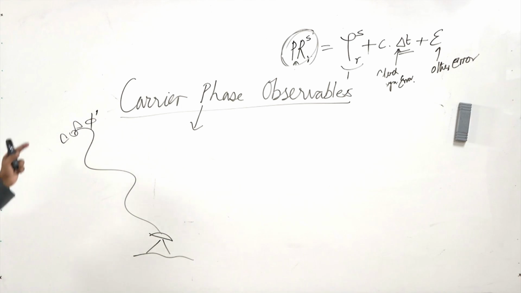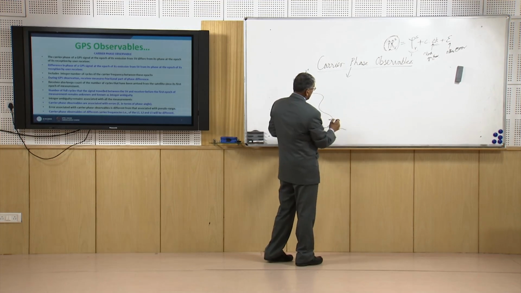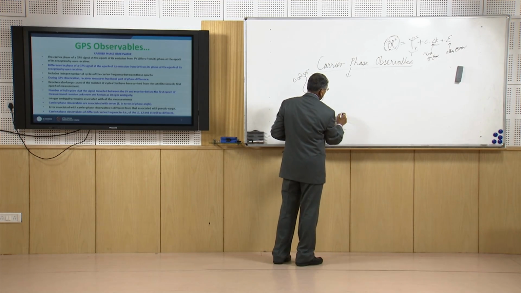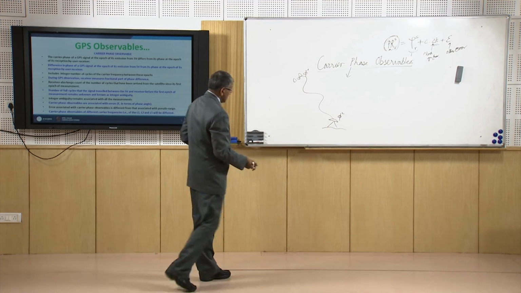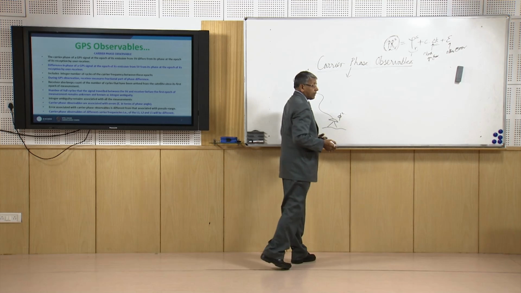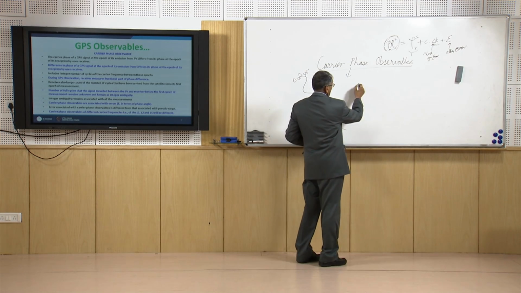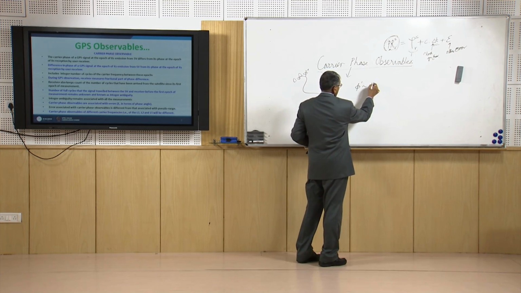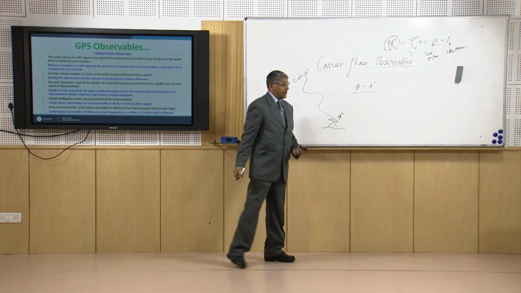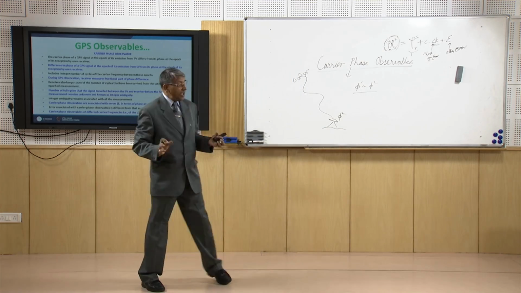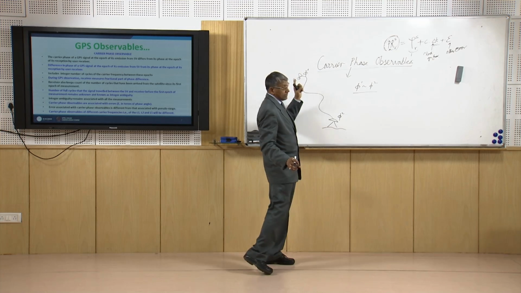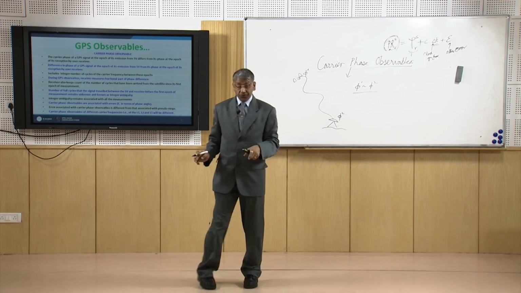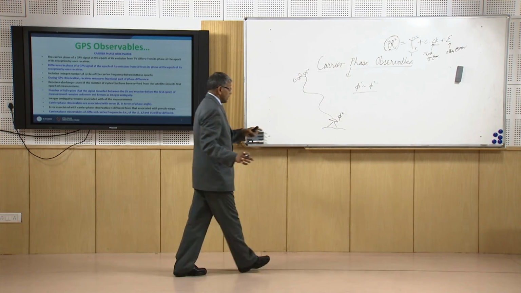At some phase phi1 it will be leaving, and at some phase phi2 it will be reaching. So the receiver can measure the difference in phase between the signal that left and the signal being received.